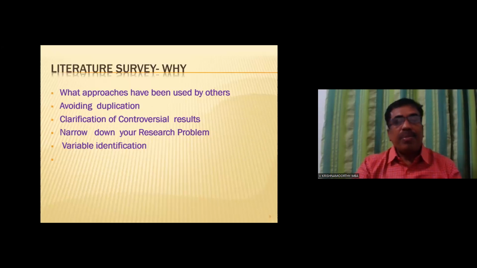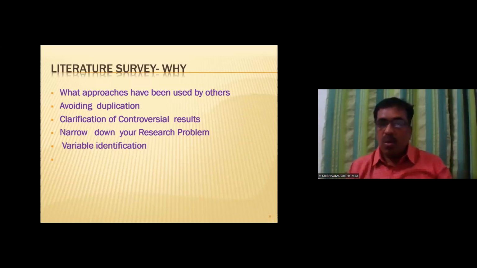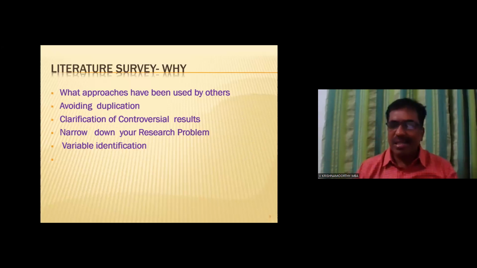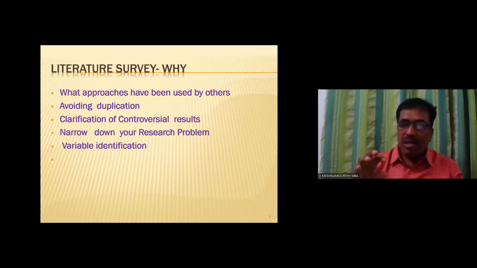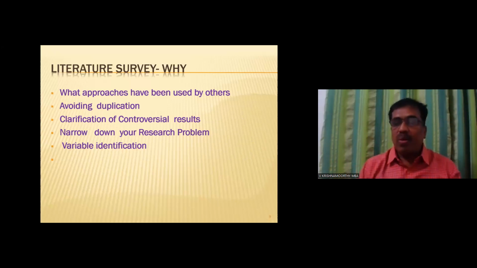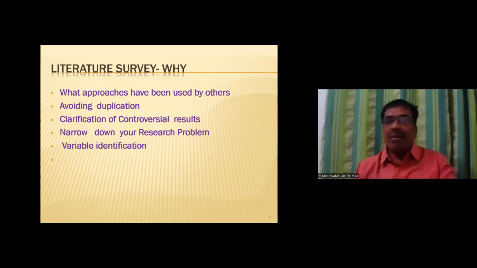You can also get this kind of information: what approach has been used by other researchers? Already we have seen there are two approaches, the deductive approach and the inductive approach. In one approach, we take theory as a base, develop a hypothesis based on the theory, go for data collection, and finally test the hypothesis and come to the conclusion.